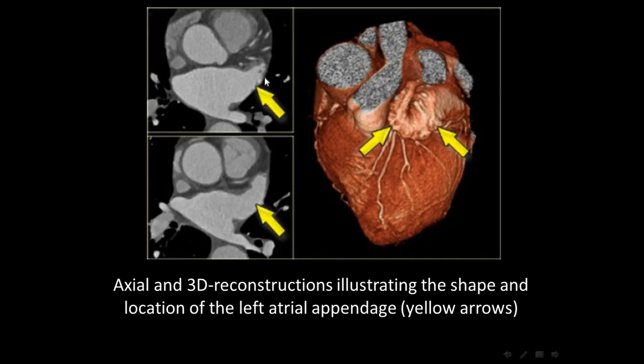Let's have a look at the appendage. This is the location of the appendage, and these small hypodense things are not thrombosis. They are the muscles of the appendage. This is the appendage on a 3D reconstructed image. As we see, it covers the atrioventricular groove and a part of the left coronary artery.